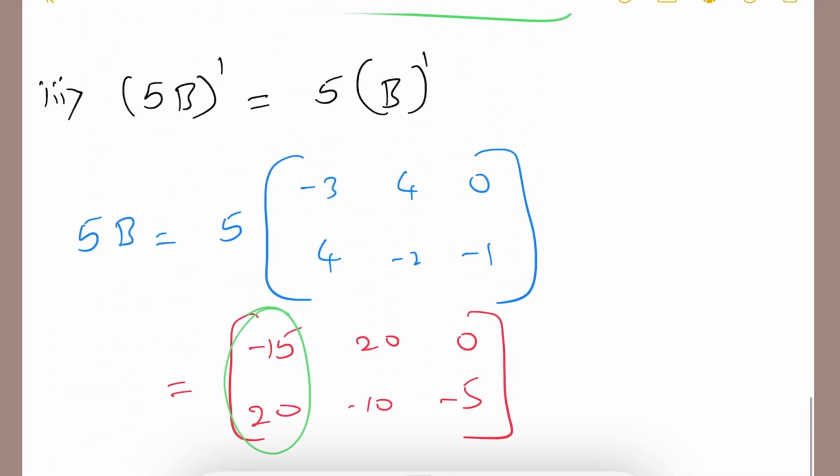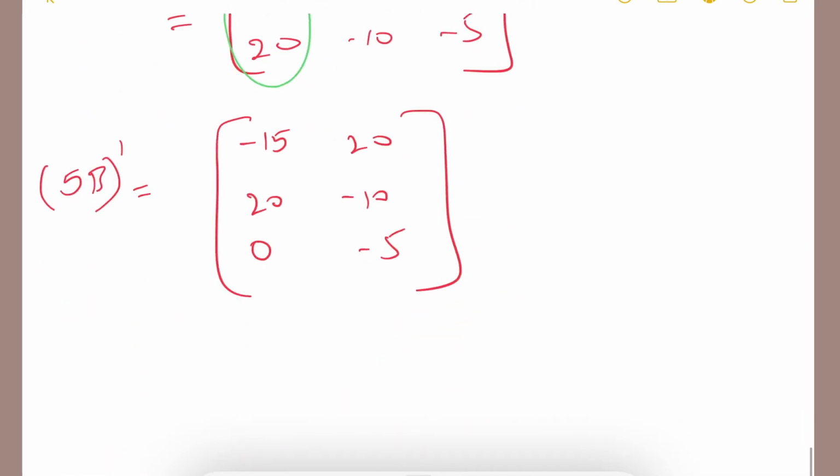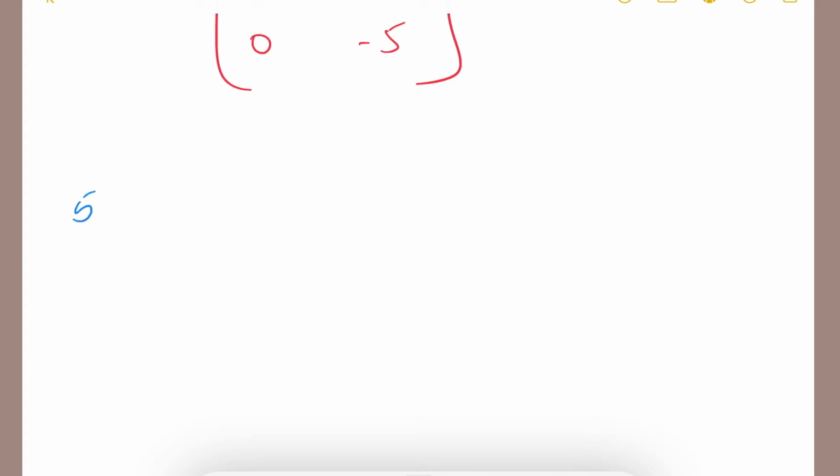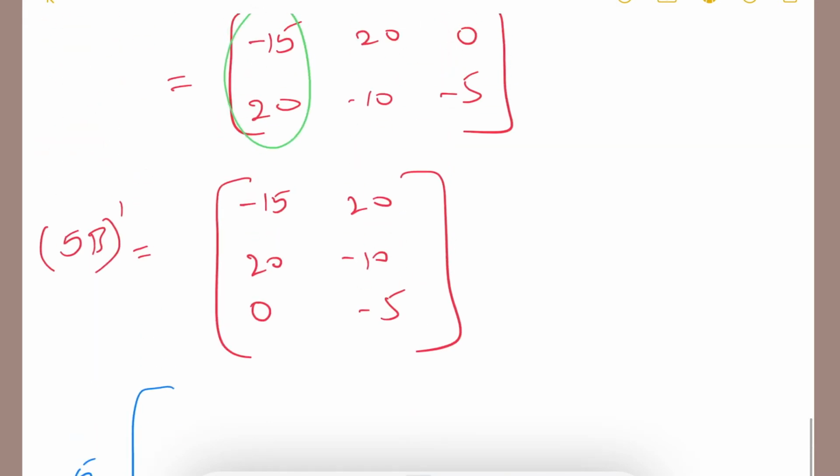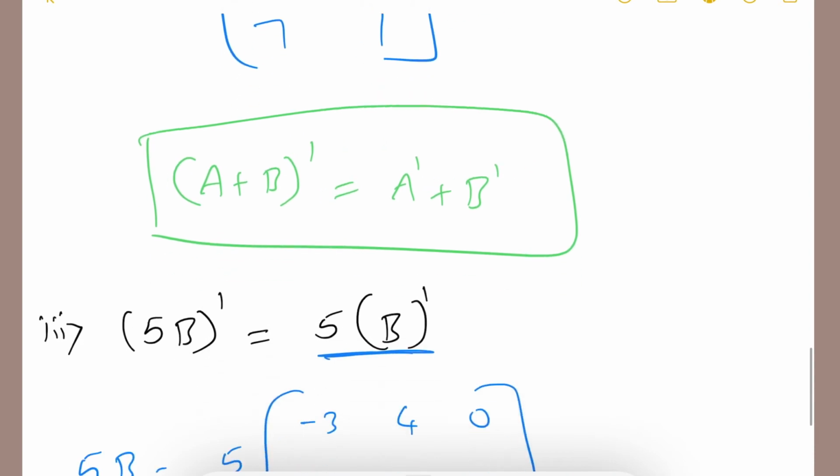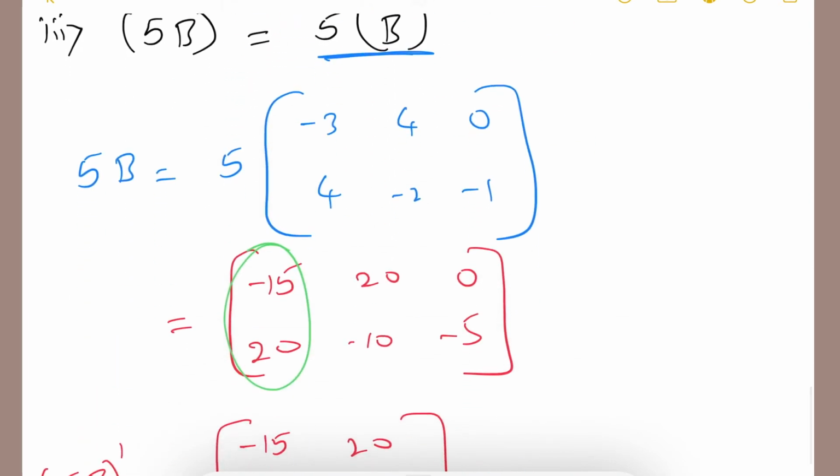Now we need to find out 5 into B transpose. So 5 into matrix B. If we check the matrix B once, matrix B we have [-3, 4, 0; 4, -2, -1]. So for this matrix B, if we write the B transpose, it will become [-3, 4; 4, -2; 0, -1].